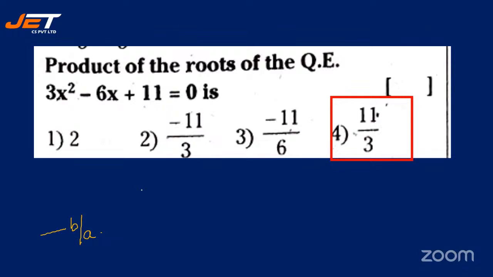Alpha plus beta is sum, and alpha beta is c by a. So this is product. Right? So this is sum, this is product. So this would be c by a, 11 by 3. That is why your option 4 is correct. Yes. Goya, Harish, Venkataya, Srinivas, Raju Yadav, many have given me the right answers. Very good. See the next question.